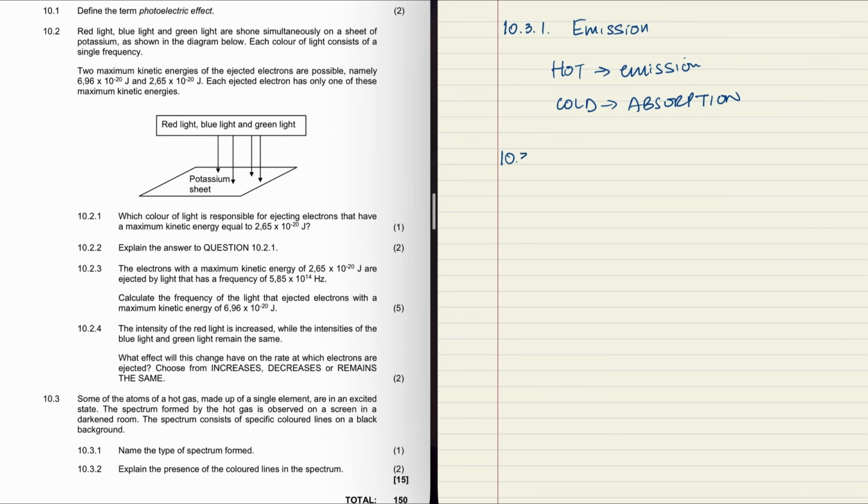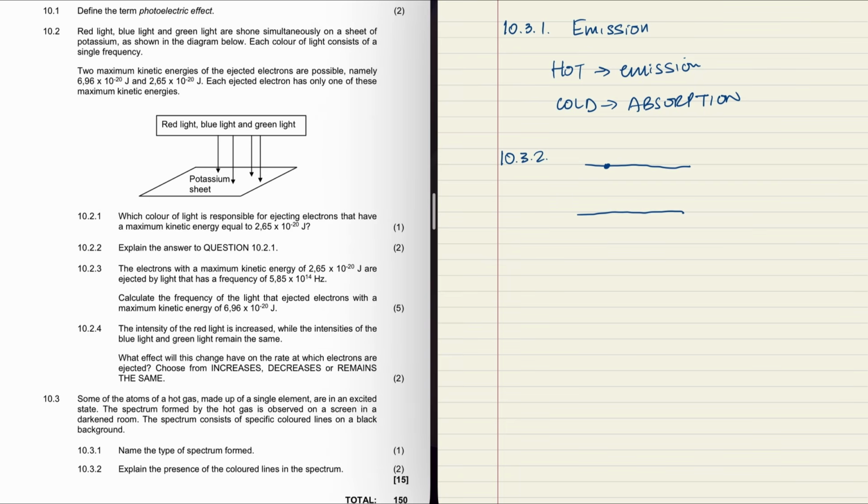Question 10.3.2, explain the presence of the colored lines in the spectrum. So essentially what's going on here is, let's say we have a photoelectron that is here. It has energy, right? It is a hot gas, which means it has extra energy.